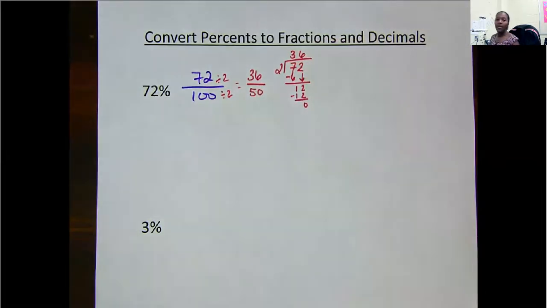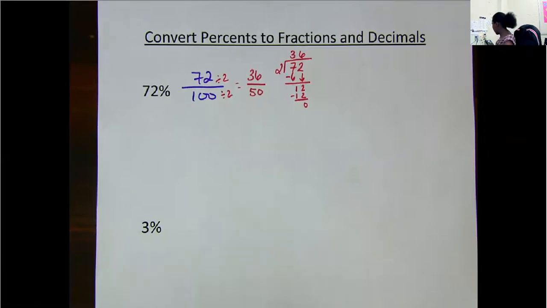Now I have 36 over 50. Both of them are still even. Let's think of a bigger number that we can use other than 2. Let's see. 4 goes into 36. 4 does not go into 50. Looks like 2 might be our option again.